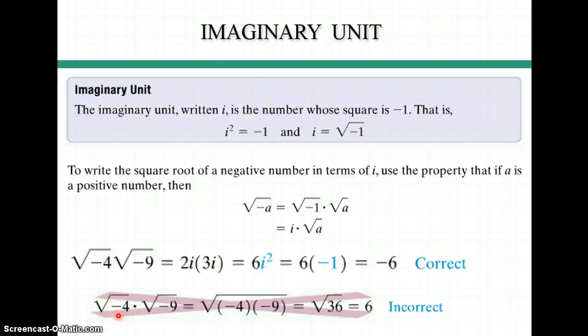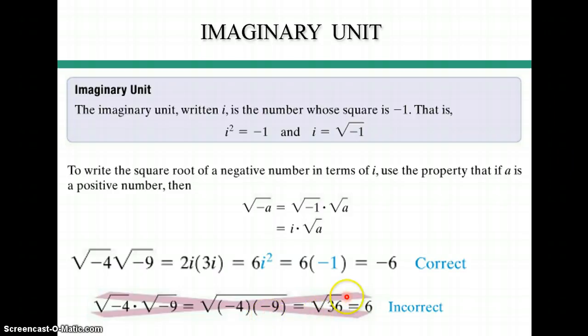Square root of negative 4 times square root of negative 9 can be written as square root of negative 4 times negative 9. Negative 4 times negative 9 is positive 36.